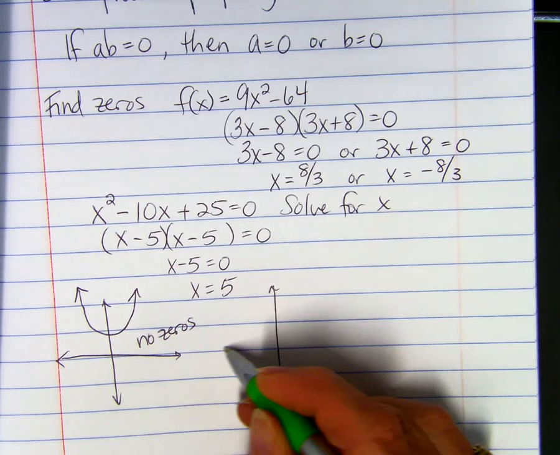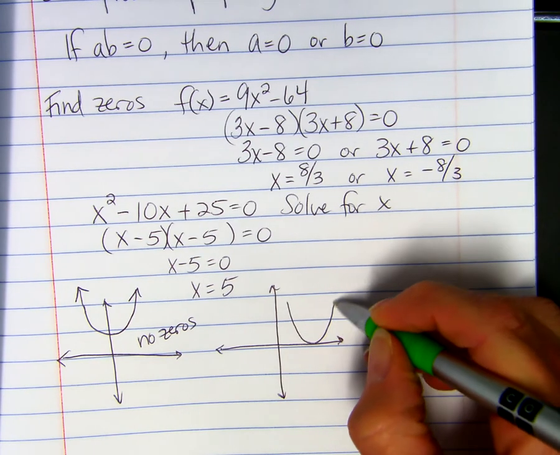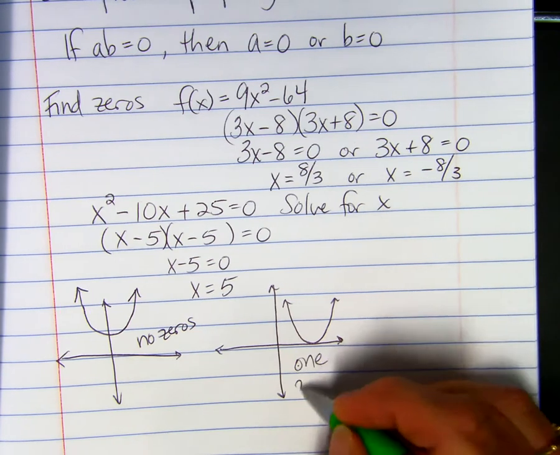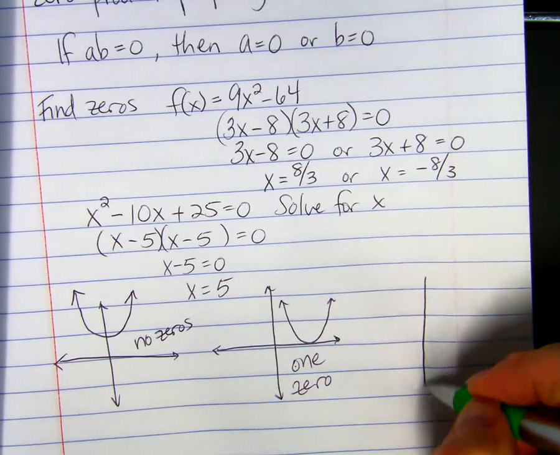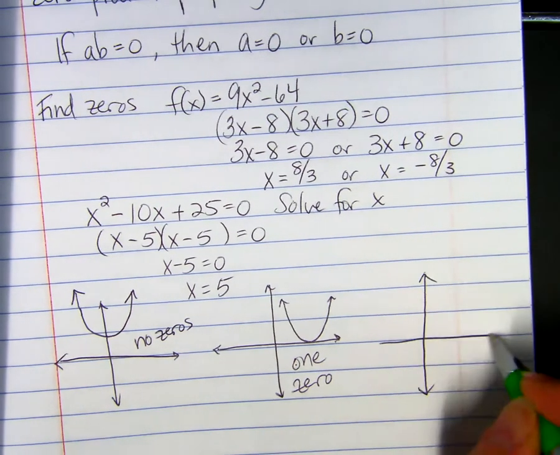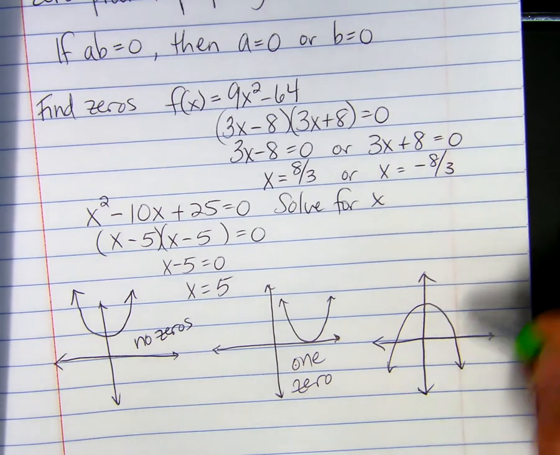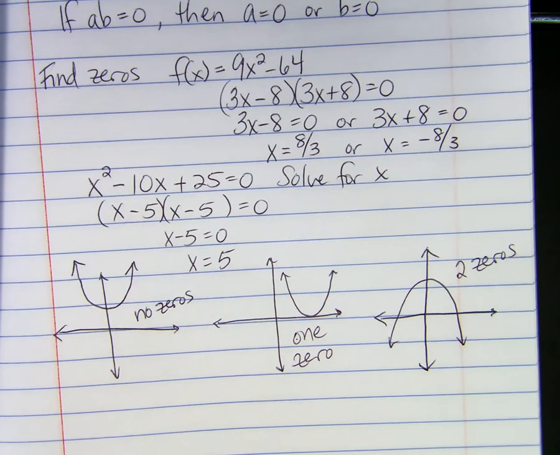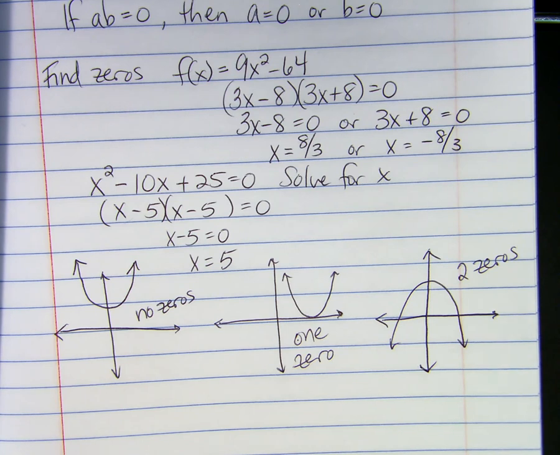If it is sitting right on the x-axis and either opening upwards or opening downwards, then there will be 1 zero, and it'll be that point where it is intersecting the x-axis. And then of course your parabola can cross in two places on the x-axis, and that's when you would have 2 zeros.